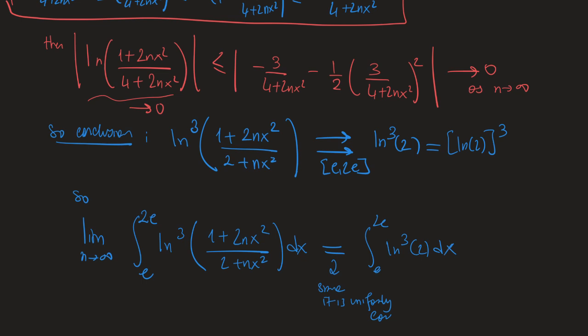But it is very easy to calculate because this is just a constant number. So this is multiplied by the length of this interval, or the measure. So it is e times ln cube 2 as a result.